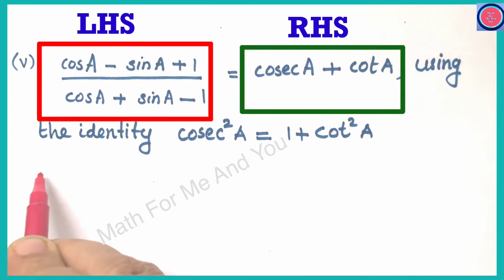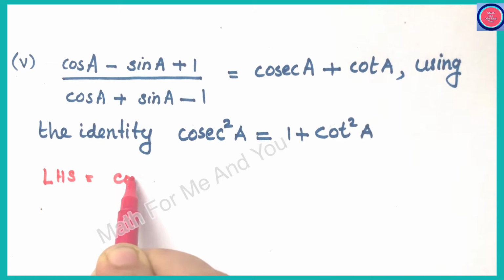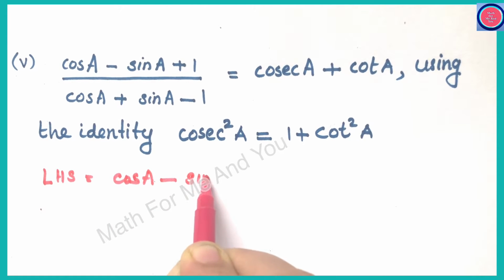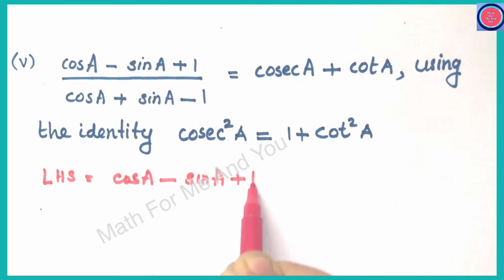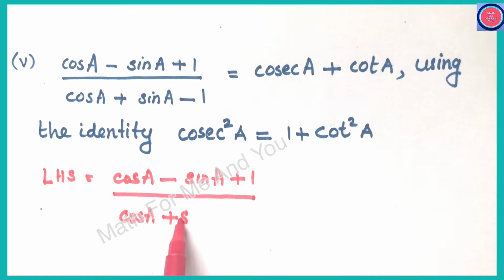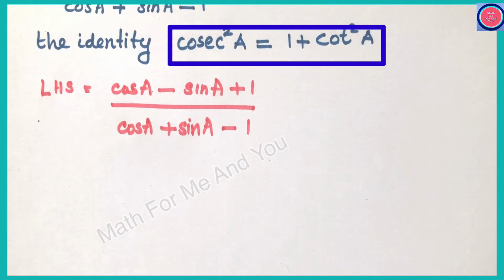So LHS is equal to cos A minus sin A plus 1 divided by cos A plus sin A minus 1. It's given a condition that use the identity cosec square A equals 1 plus cot square A.